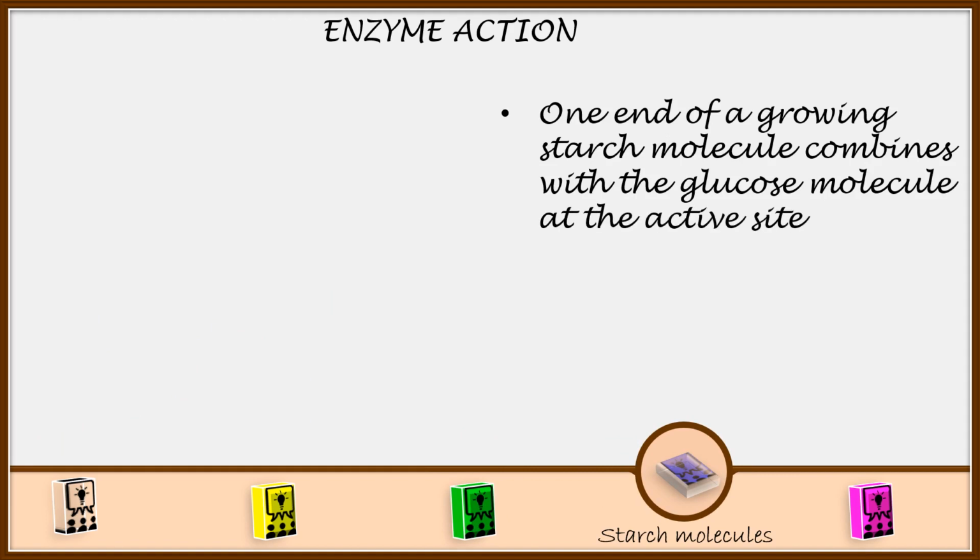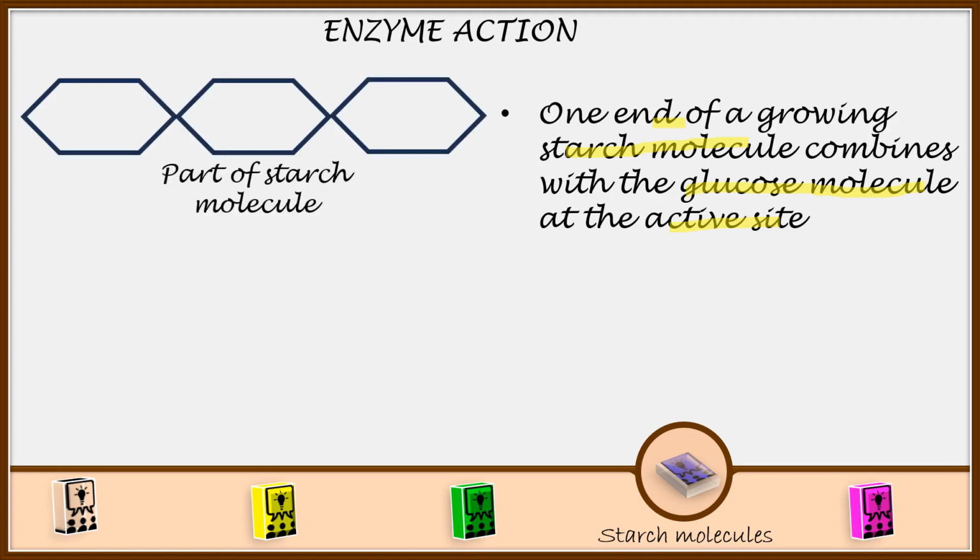So one end of a growing starch molecule will combine with the glucose molecule at the active site. This is part of our starch molecule, on which we want to add more glucose molecules.